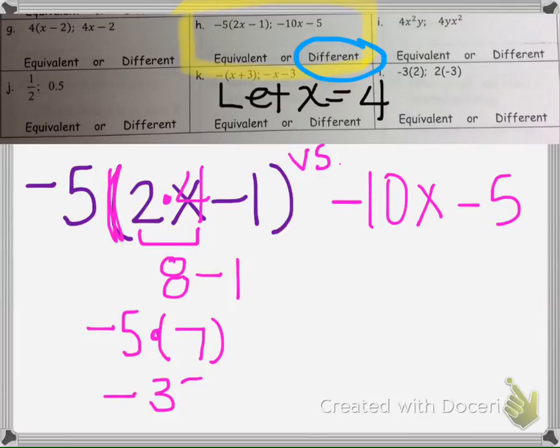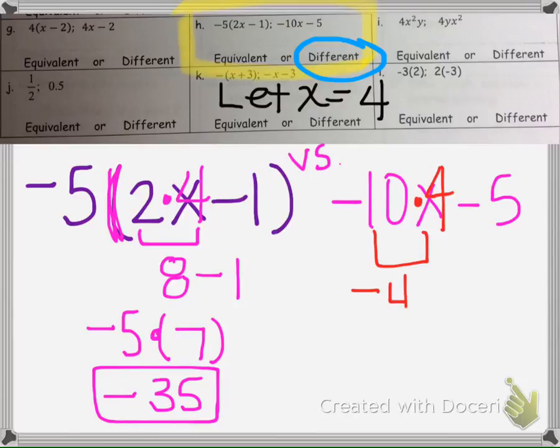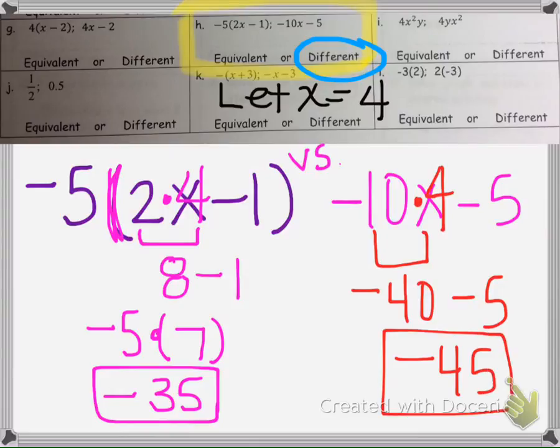So we get negative 35. Now we're going to put that same 4 here, and a negative 10 next to an x means multiply. So we'd have negative 40 minus 5 is negative 45. So as we can see, they are not equivalent.